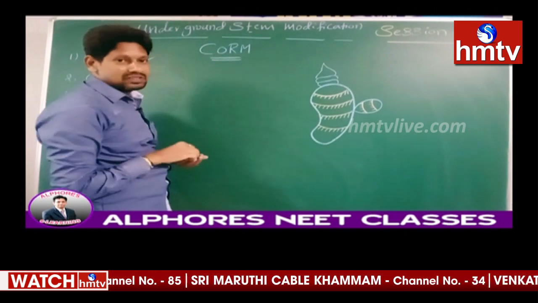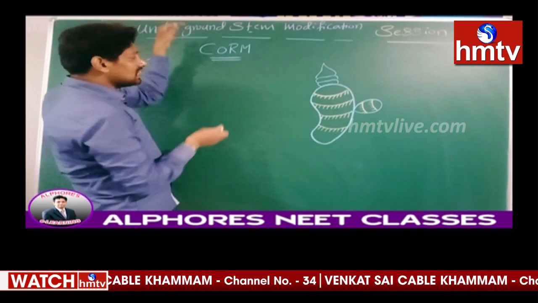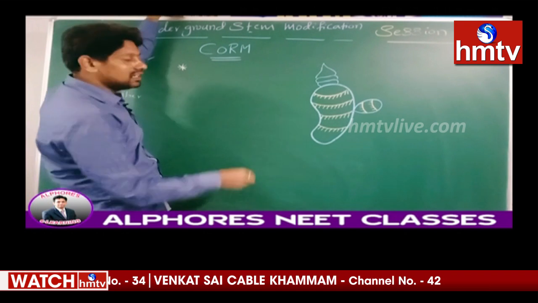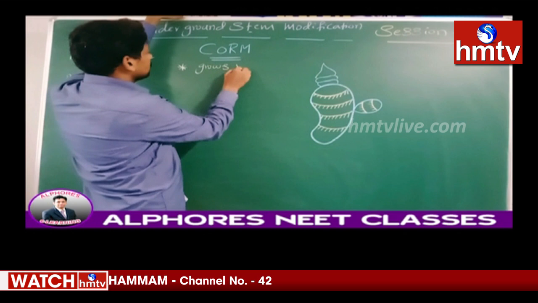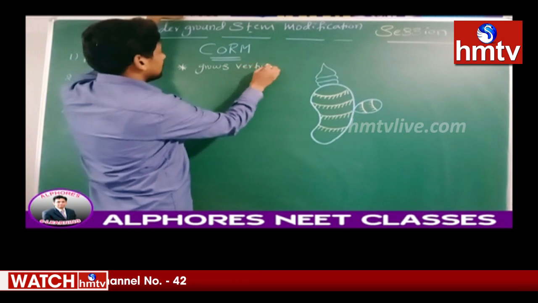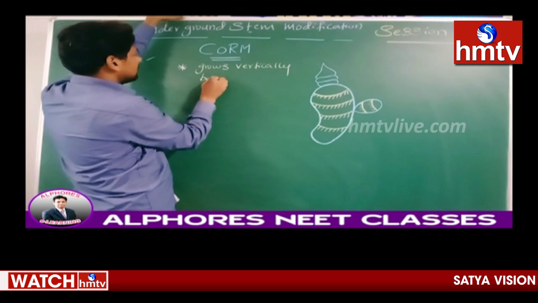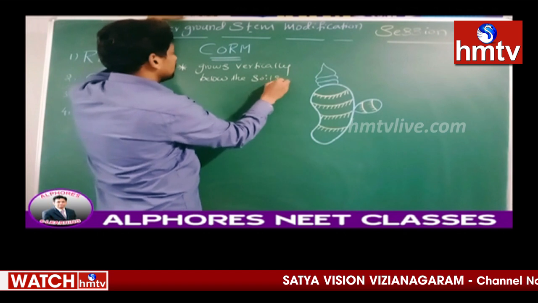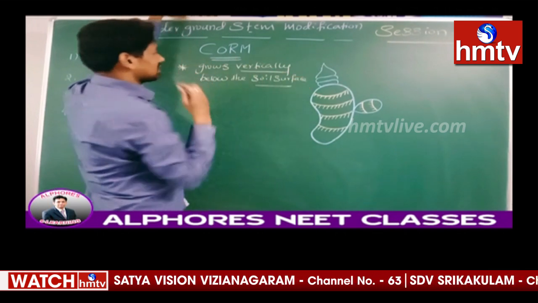Now listen here. This corm grows vertically below the surface of the soil. Horizontally or vertically? Vertically. Corm grows vertically below the soil surface.